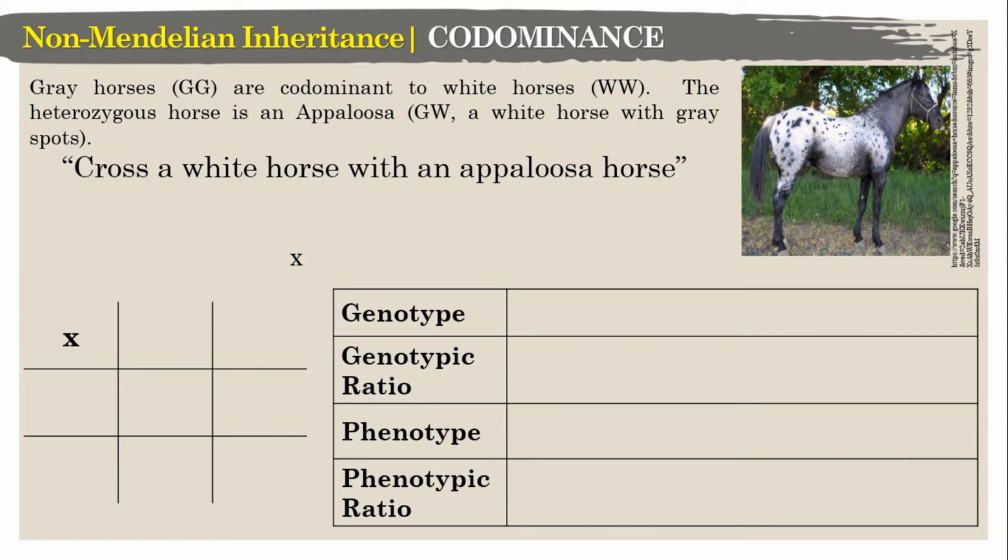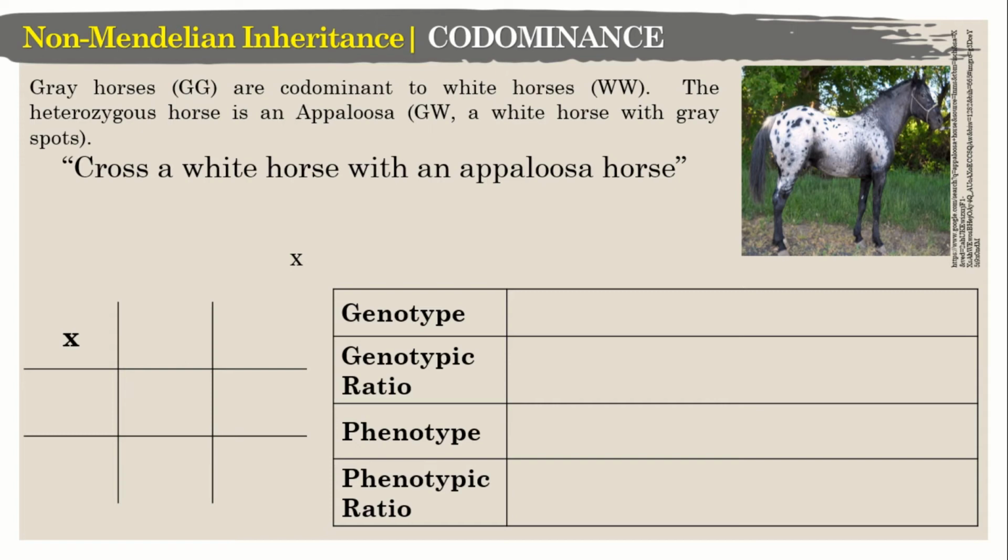So, gray horses have a code of GG, which is codominant to white horses, which is coded WW. When we cross these two, the hybrid offspring is called Appaloosa. So, Appaloosa is coded as GW. A white horse with gray spots.